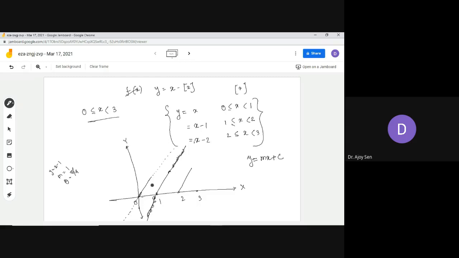So at the points 0, 1, 2, 3, like box x, this function y equals x minus box x has points of discontinuity, and the points of discontinuity are infinite actually.